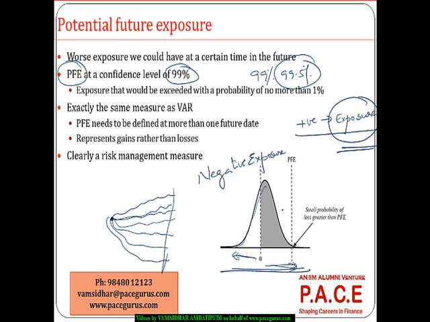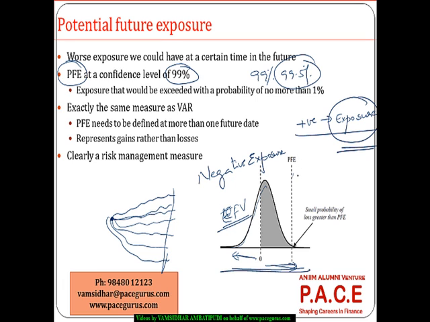So the same future exposure graph, this graph is about the expected future value. I'm looking at the distribution, and I'm looking at the exposure at a certain point at a certain confidence level.